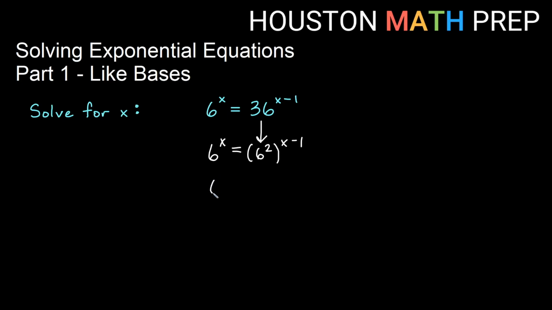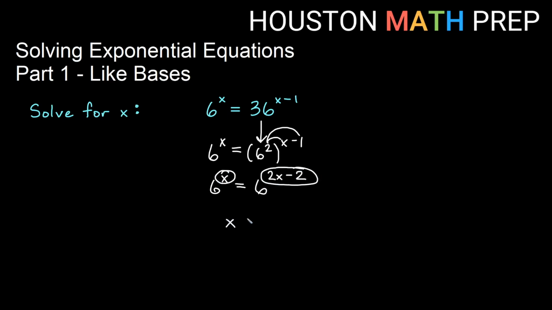So let's go ahead and say 6 to the x is equal to, now we'll need to multiply these. Don't forget to distribute your 2, right? Because we have more than one term there multiplying. So we'll have 6 to the 2x minus 2 on the right-hand side. Now that we have exponentials that are the same base on either side of the equation, we can just set their exponents equal to each other.